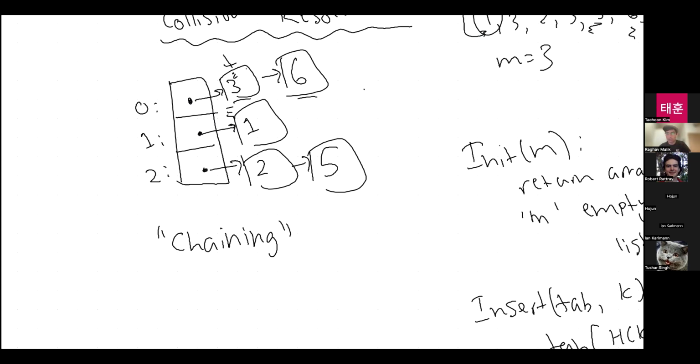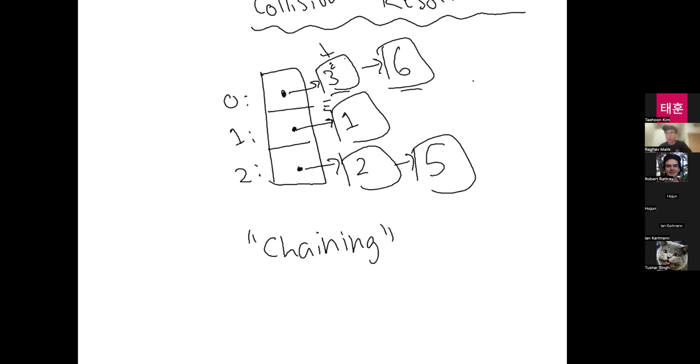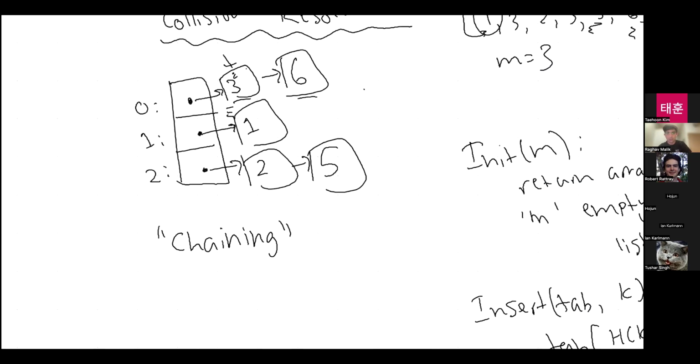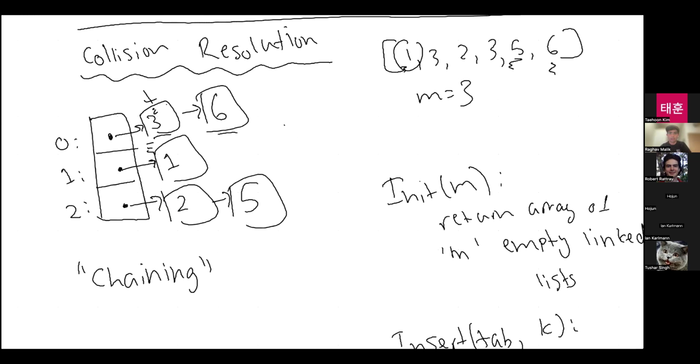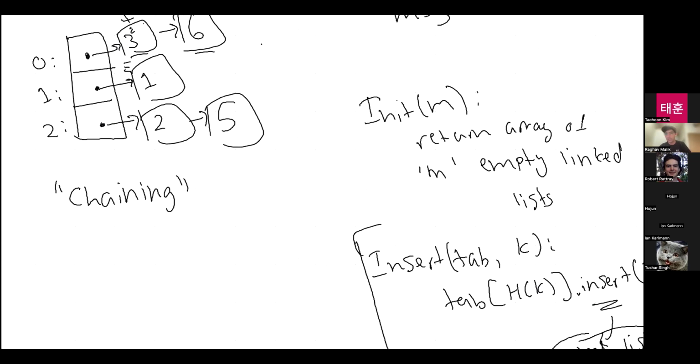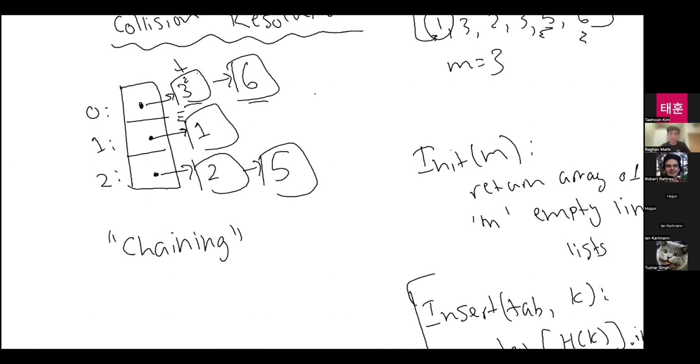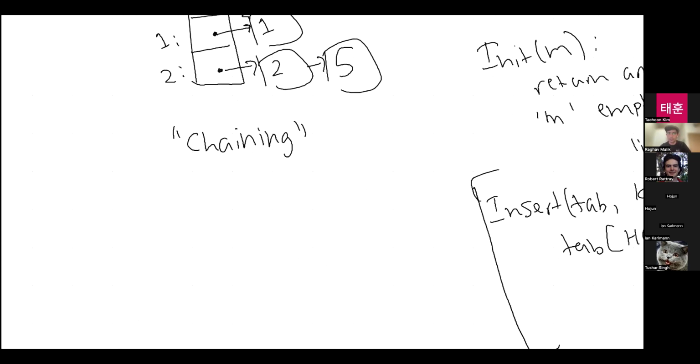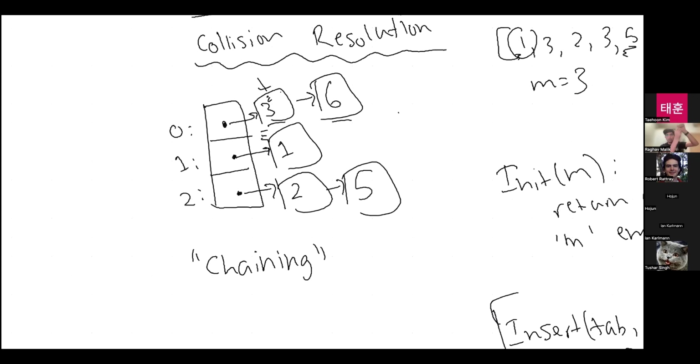Let's talk about the complexity, right? Okay, so this is insertion. Lookup is of course the same. If I want to look up a value in the table, I figure out what linked list it's going to be in, and then I traverse the linked list to find it, right?